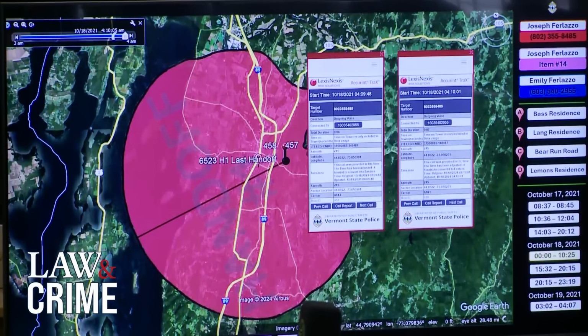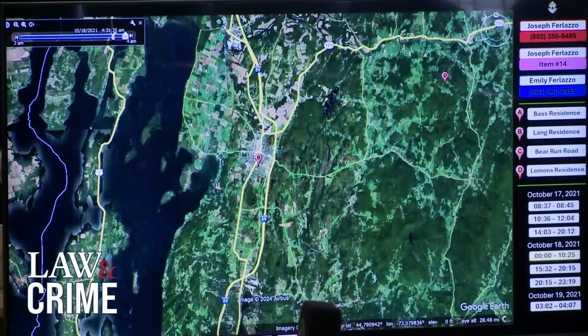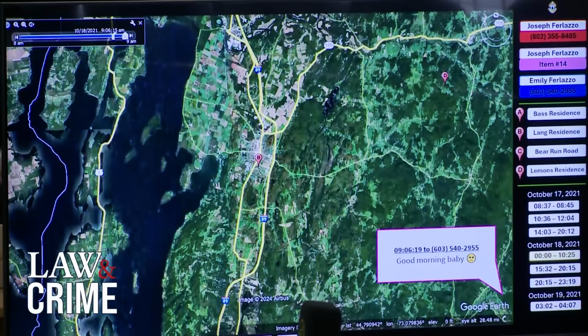At 4:09 and 4:10 are outgoing voice calls from Joseph's number to Emily's number. They're utilizing those same cell sites. That pattern continued. A device is not moving around enough that it needs to hand off to new cell sites. At 9:06 is an outgoing message from item 14 to 2955.